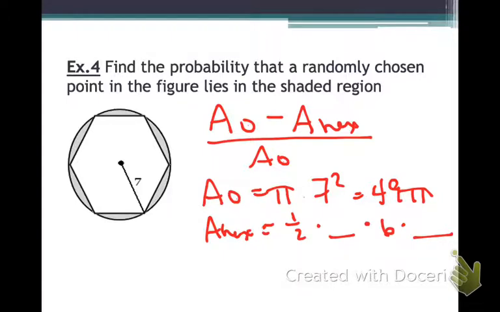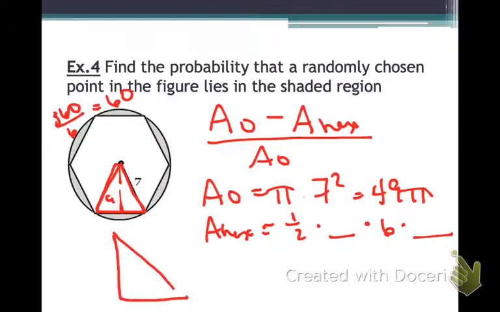So if you remember, we drew in this triangle here. Find your central angle. So 360 divided by 6 sides is 60. And then remember that is bisected, so I'm just going to redraw half of it here. This is your apothem.